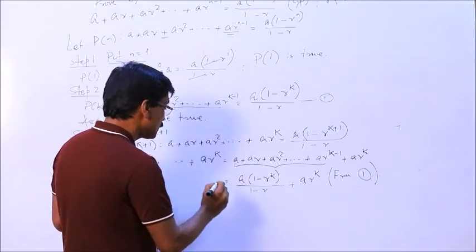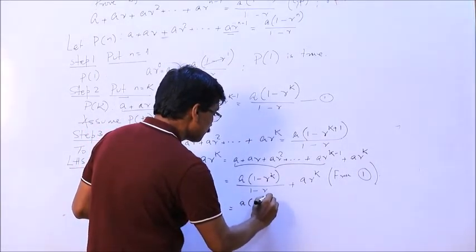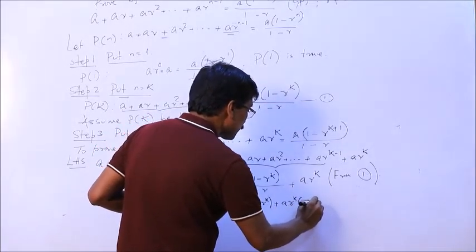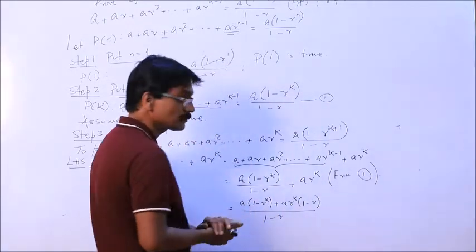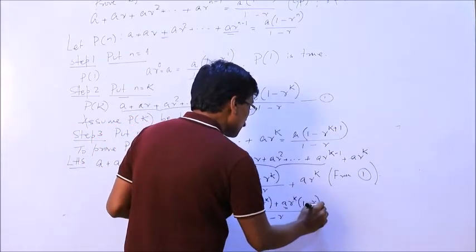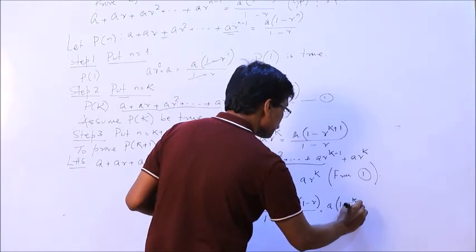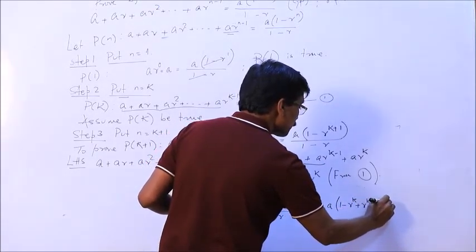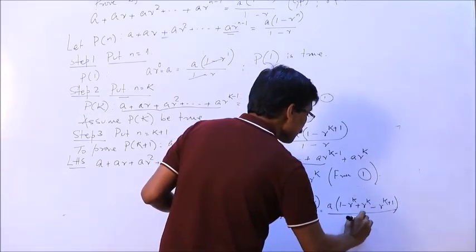Now, we can simplify the result: a into 1 minus r to the power k plus a r to the power k into 1 minus r by 1 minus r. So, from these two terms we take out the common a, 1 minus r to the power k plus r to the power k minus r to the power k plus 1 divided by 1 minus r.